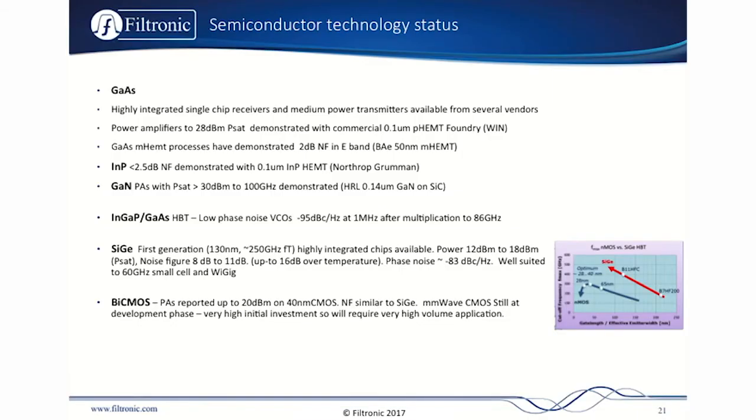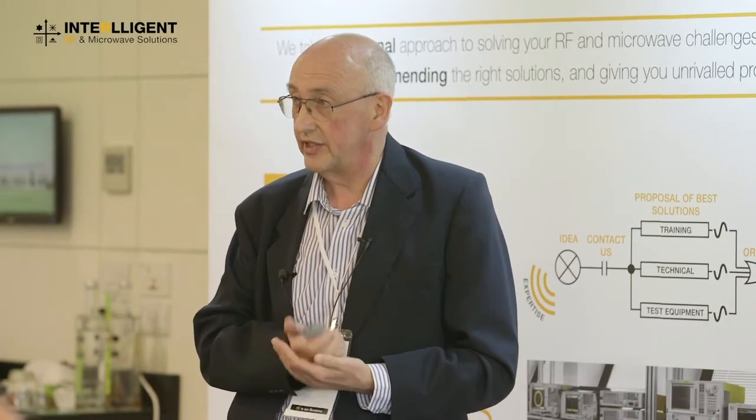So it's not really there yet. In terms of VCOs, the InGaP HBT VCOs give very good phase noise, quite perfectly adequate for 256 QAM at 86 gigs. You'll see a lot of talk about silicon germanium, which is great. There are some really good, highly integrated silicon germanium chips available.